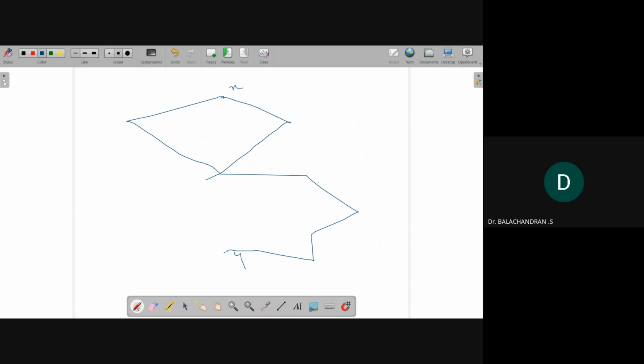Similarly, this is another path. This portion is P1, and this portion is P2. P1 is from X to Y, and P2 is another path from X to Y. There is an intersection; this point I will call Z.